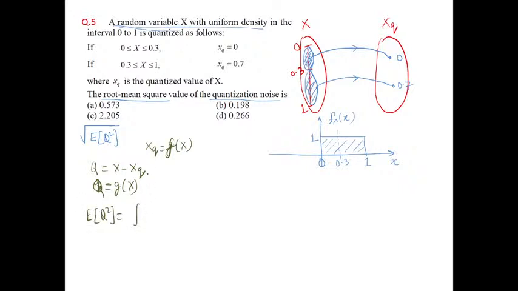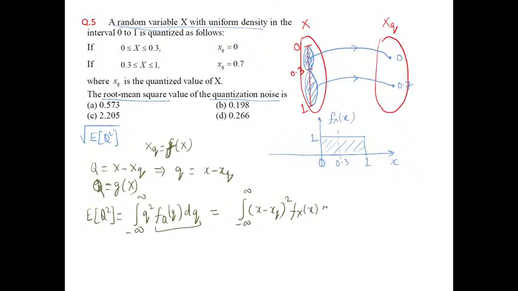Now this is simply equal to integral from minus infinity to infinity of q square f_Q(q) dq. From here we can write it like this. This is small q, this is equal to small x minus xq, right? So this is equal to the integral from minus infinity to infinity of (x minus xq) whole square, and we can replace this by f_X(x) dx.